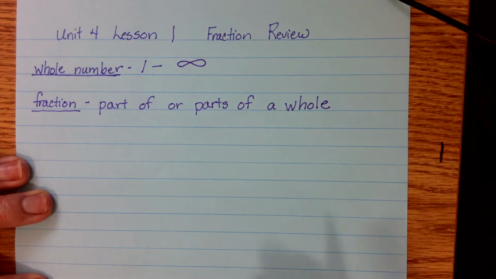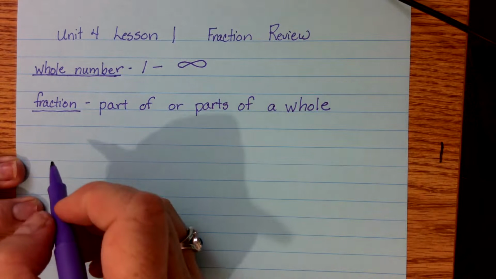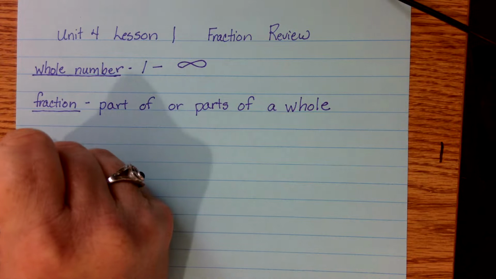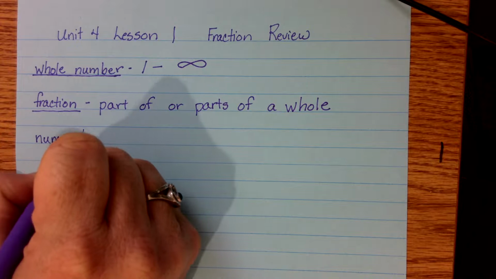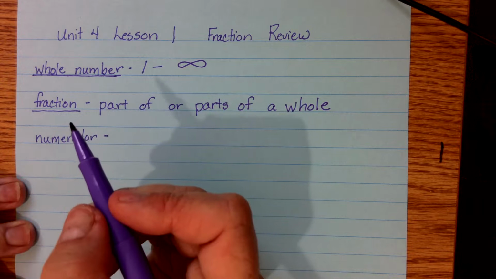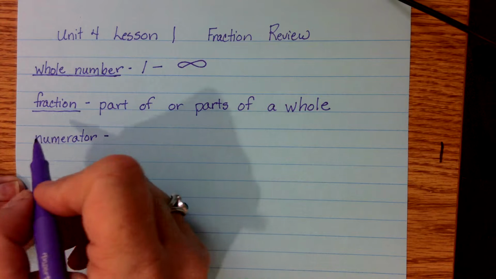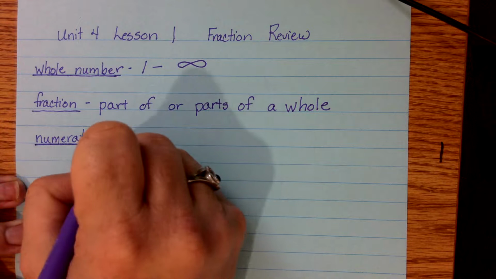Now, when we look at a fraction, there are two parts of a fraction. There is the numerator, which tells us the number of equal parts that we have. So this is the top number.